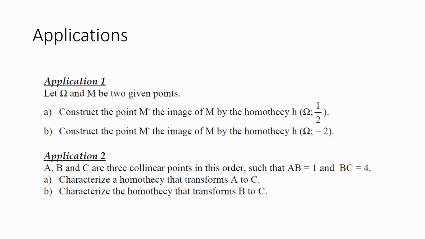Construct M prime, the image of M by the dilation of center omega and ratio half. So here is omega and M. For part A, what is the relation? We have center omega, and omega M prime equals half omega M. So M prime is the midpoint. This is the first part, a positive dilation.